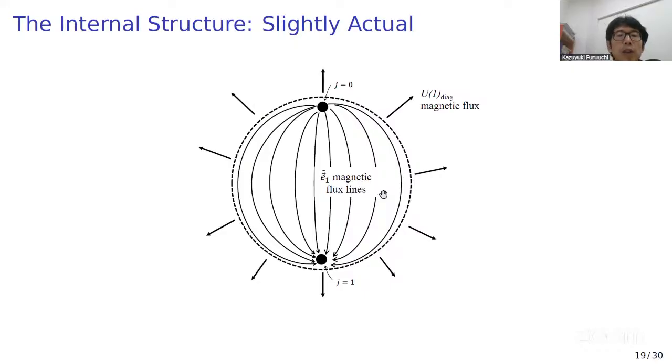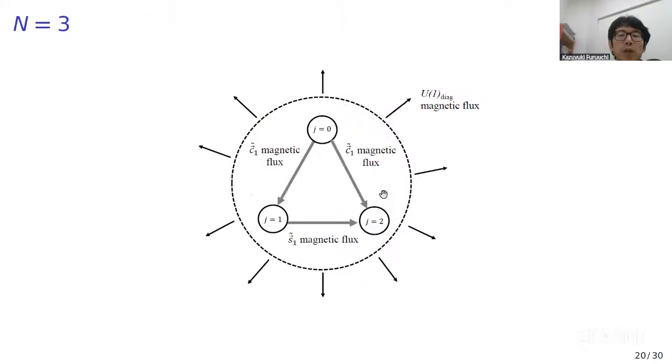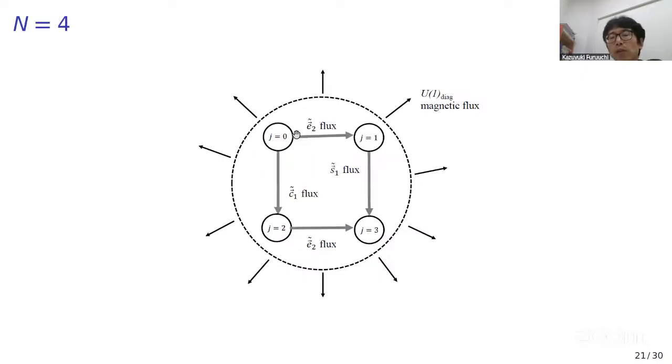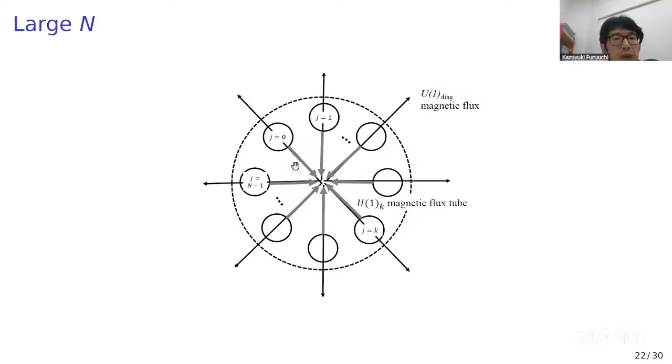And you can consider the n equals 3 case. Schematically, you can see how fluxes are conserved, broken fluxes are conserved, and broken fluxes are going out. You can also consider n equal to 4. Now, our interest would be large n.